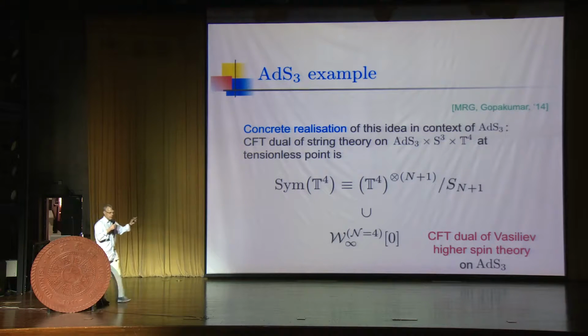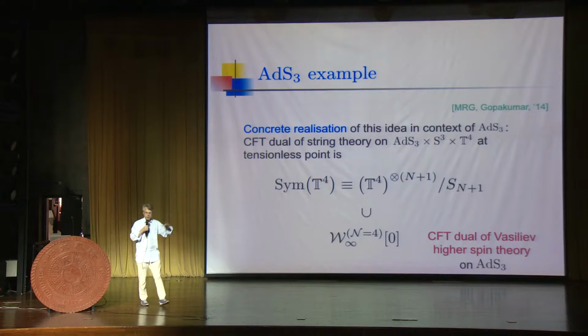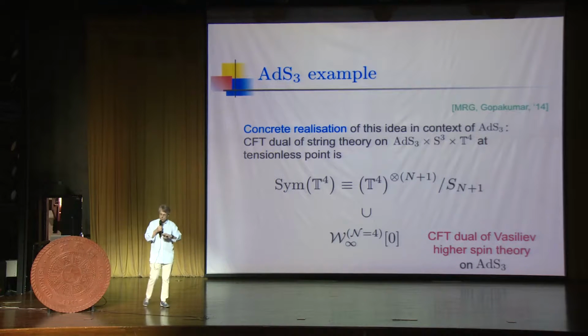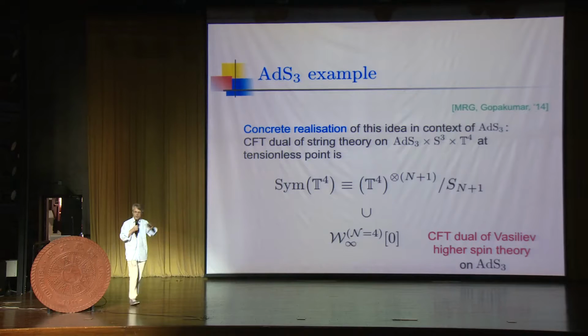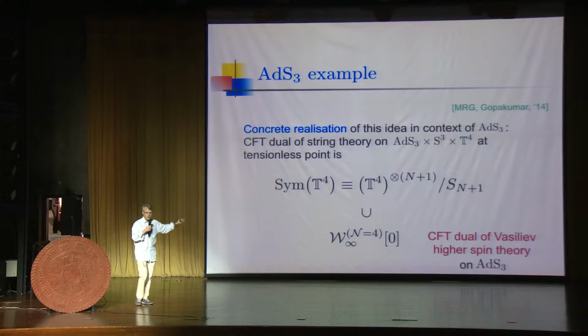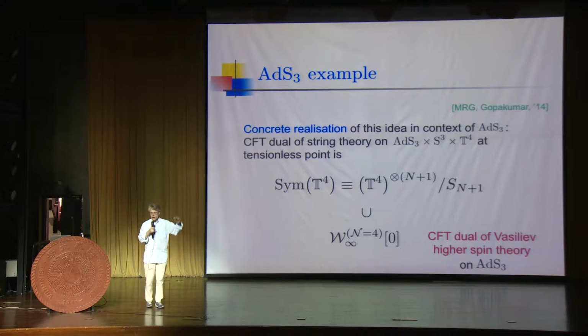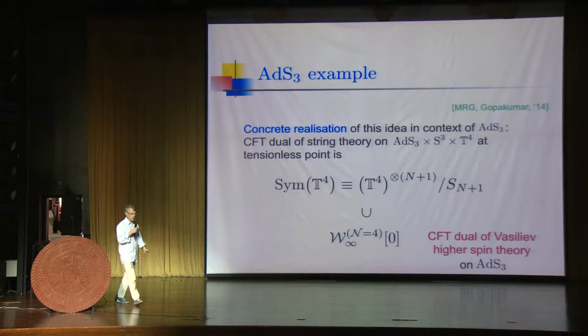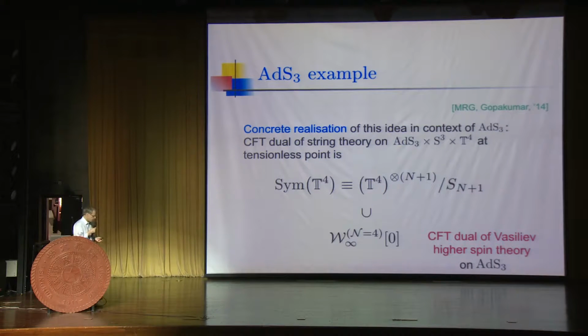This is the W algebra that appears in a family of dualities between the Vasiliev higher spin theories and conformal field theories. So in some sense, that's the CFT dual of the embedding of a higher spin subsector into string theory at this very special point in moduli space that is dual to the symmetric orbifold point on T4.